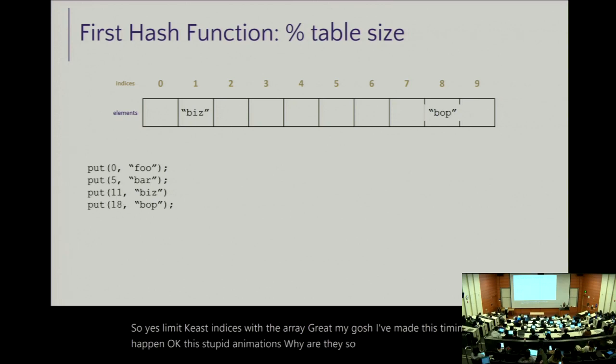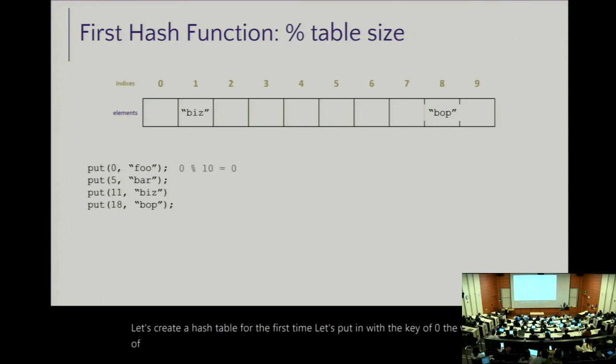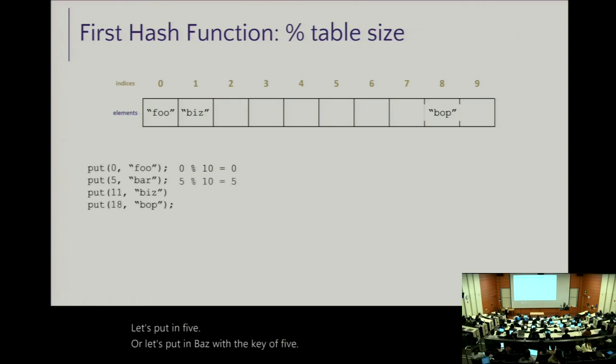Okay. Let's create a hash table for the first time. Let's put in, with the key of 0, the value of foo. 0 mod 10, 0. Boom, there's foo right there. Let's put in Baz with the key of 5. 5 mod 10?